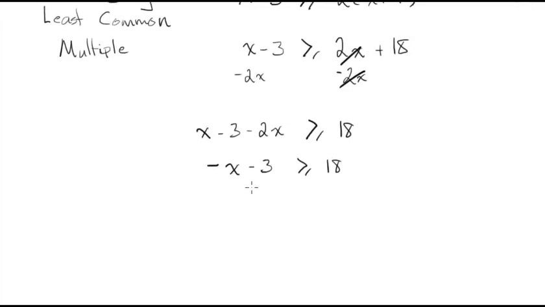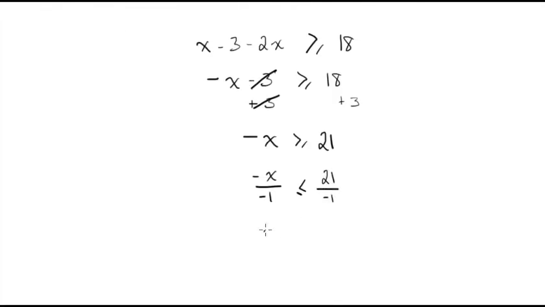And now I just need to add 3 to both sides. So I'll have minus x bigger than or equal to 18 plus 3, which is 21. I need to divide both sides by minus 1. And when I divide by a negative, I switch the direction of the inequality. So I have x less than or equal to negative 21.